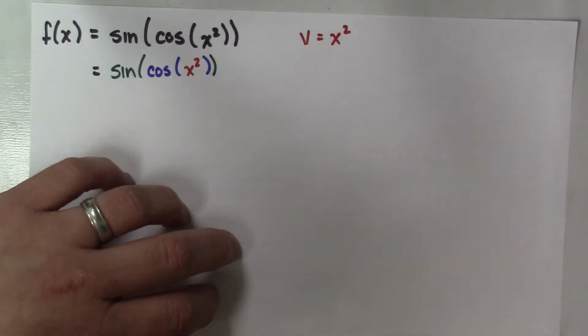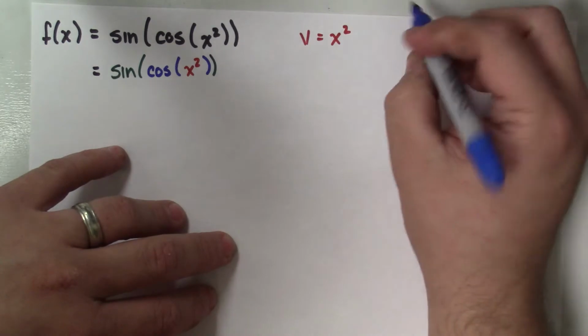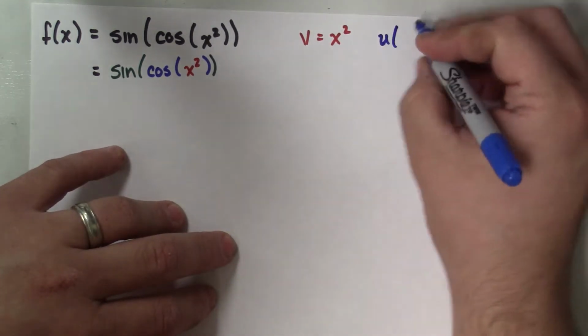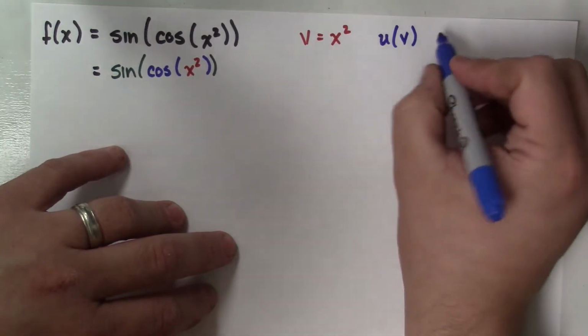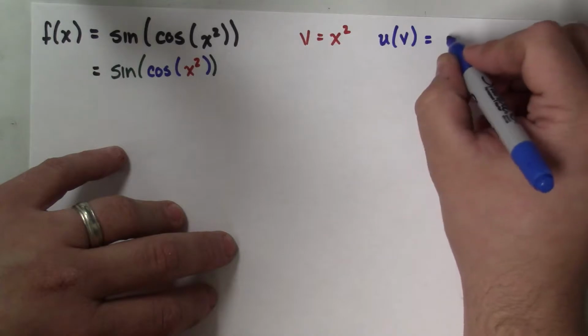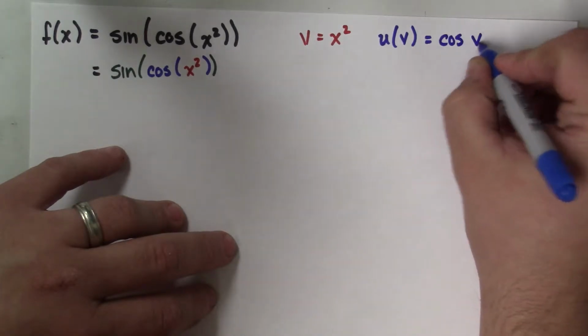Now if v equals x squared, I can rewrite cosine as u, which is a function of v, and that's cos v.